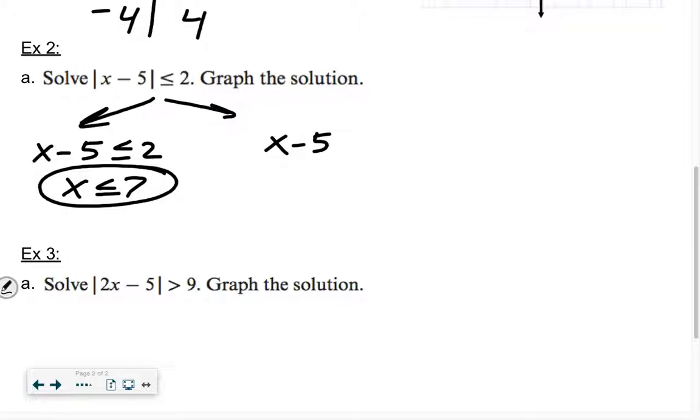Here's the thing that I haven't talked about. What do you suppose we need to do with this inequality symbol for the second one? Yeah, we need to flip it. It was a less than sign, now it becomes a greater than sign, and we still carry the idea that we're going to do the opposite with that value on the outside. So don't forget that rule.